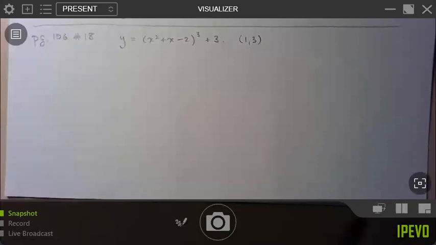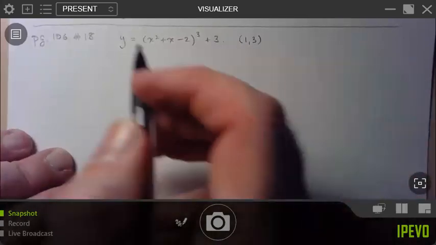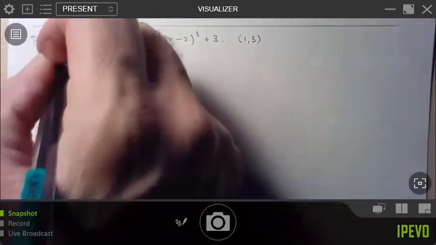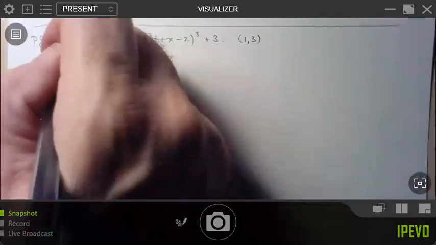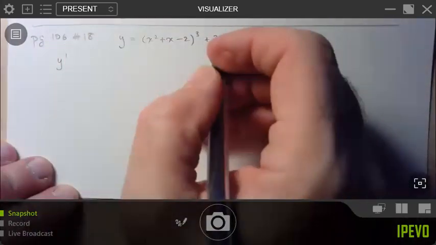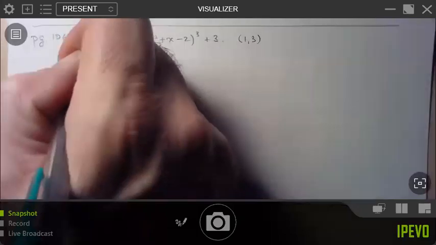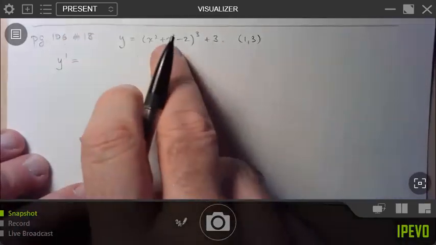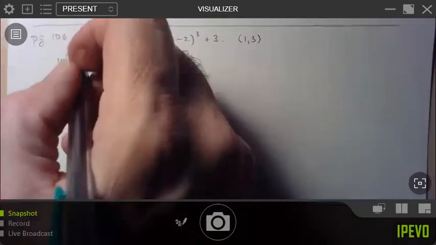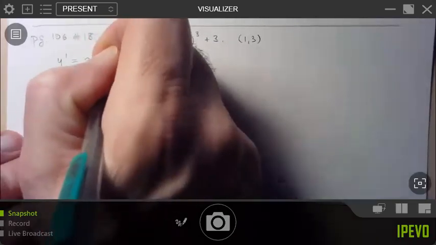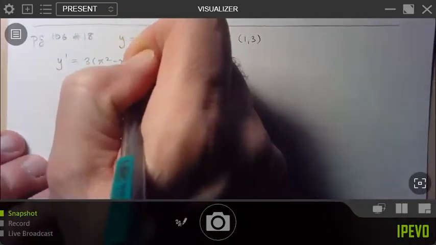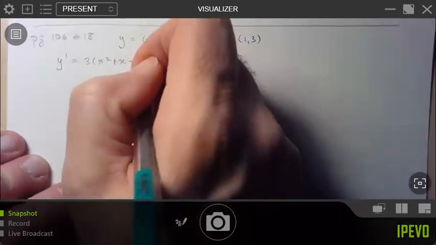Okay. So I already have the point. I guess I'll find the derivative so I can find the slope of the tangent at that point. And so here, well, the plus 3 is just going to disappear because it's the derivative of a constant. So here I'm going to have to take my good old chain rule. So derivative of u cubed is 3u, which is x squared plus x minus 2. Oops, 3 times x squared plus x minus 2 squared.